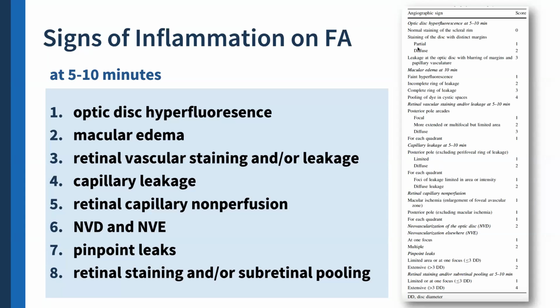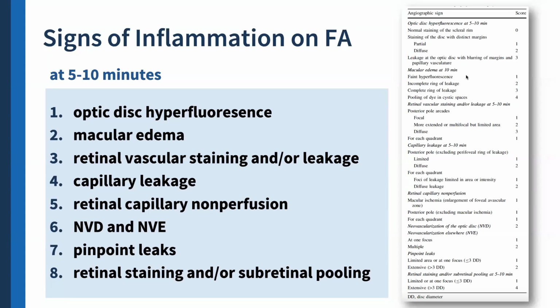So you can say there's diffuse staining of the disc, there's faint hyperfluorescence of the macula, things like that. You don't really have to assign a score. Scoring FAs is mainly for research purposes.